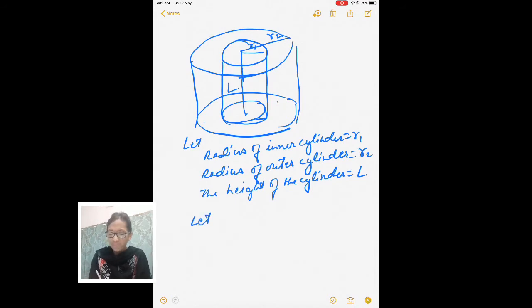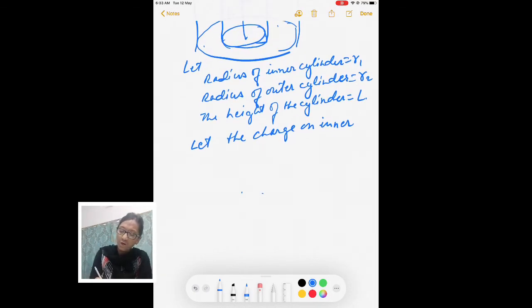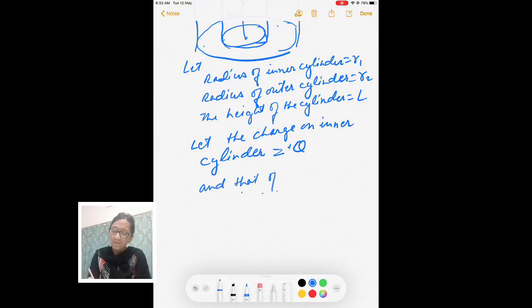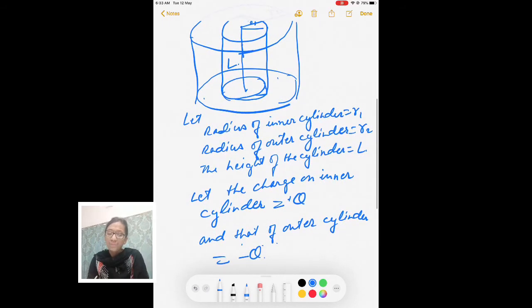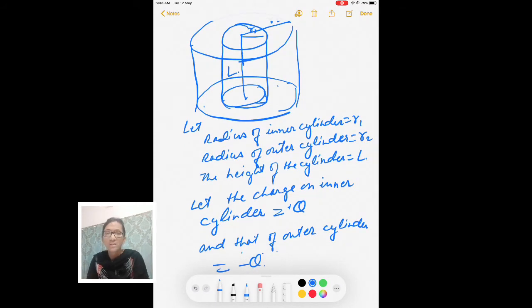Now let us assume that the charge on inner cylinder is equal to plus Q, and that of outer cylinder is equal to minus Q. Now we know that we have electric field in outer space only.